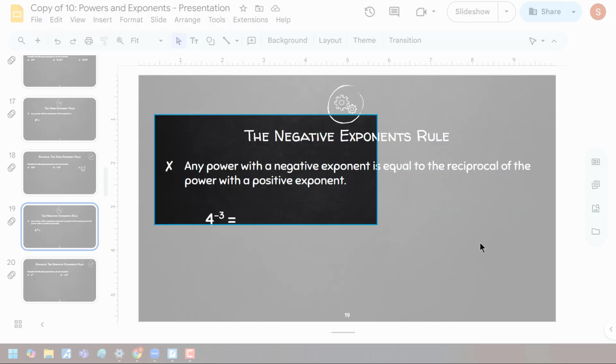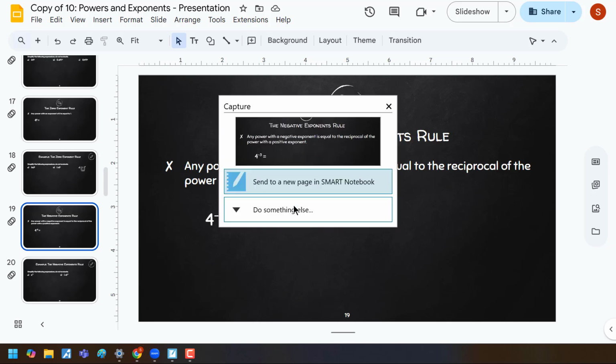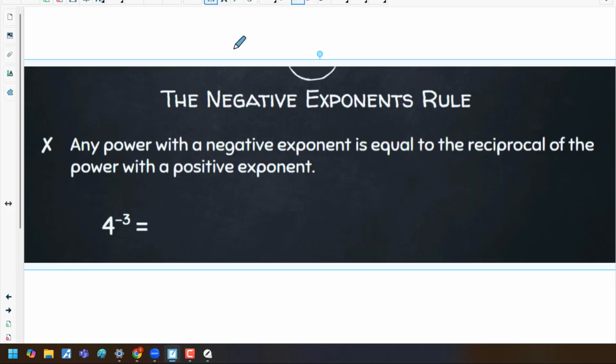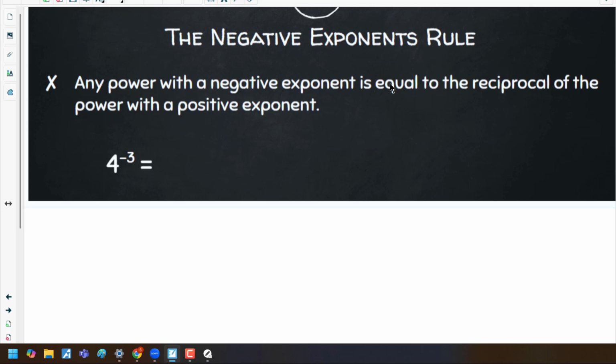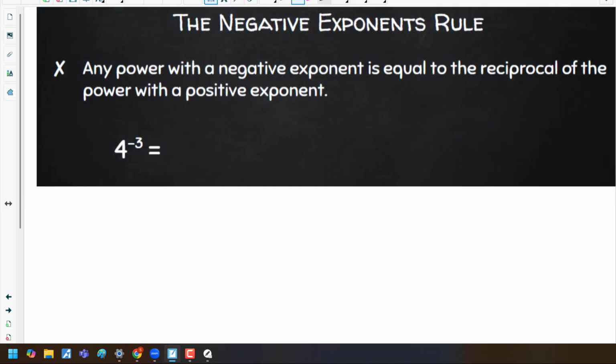This is probably the most difficult rule, I would say, for students to wrap their heads around. The negative exponent rule. Any power with a negative exponent is equal to the reciprocal of the power with a positive exponent. What does that mean? Some big words here.